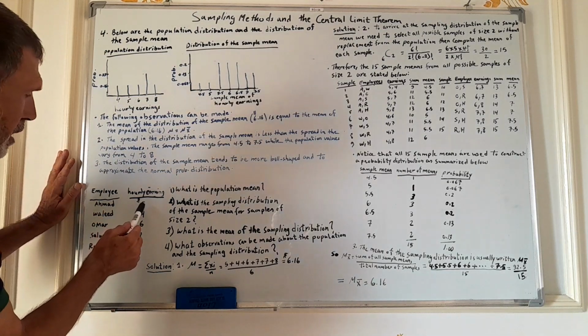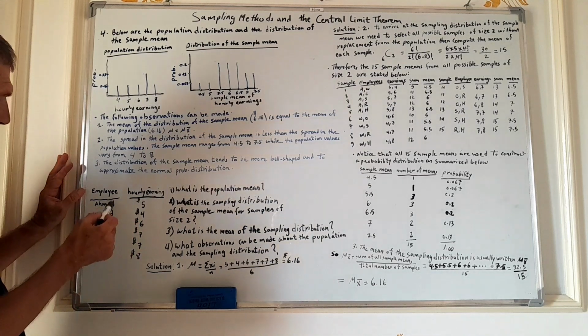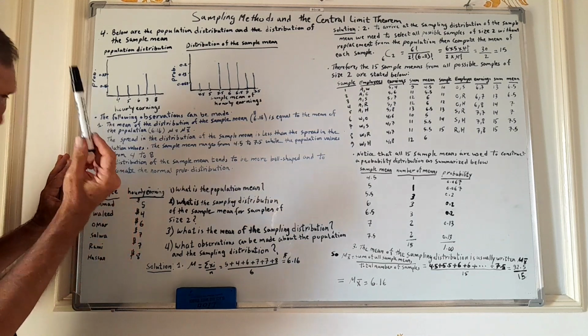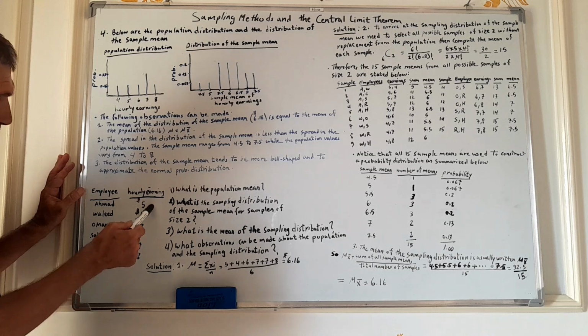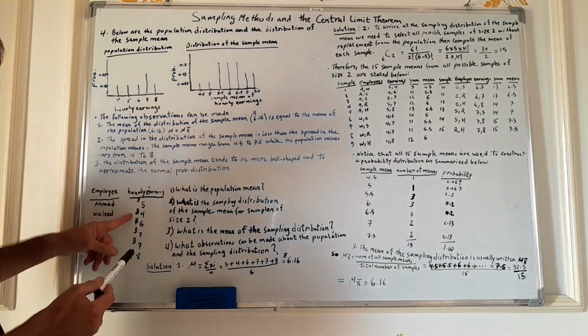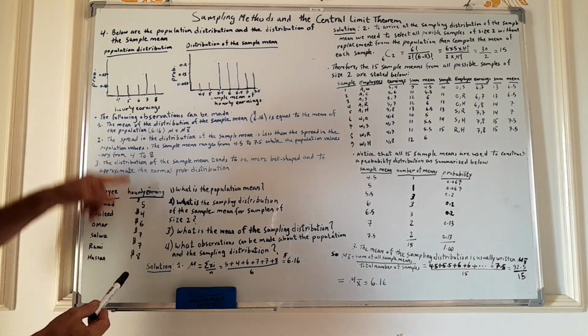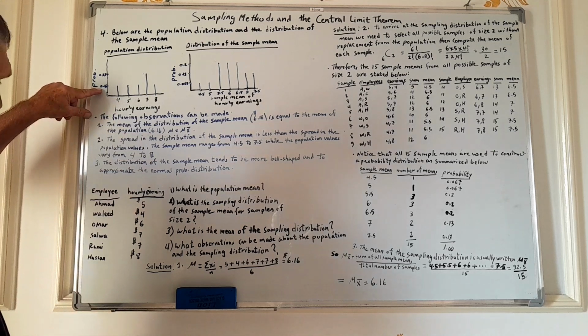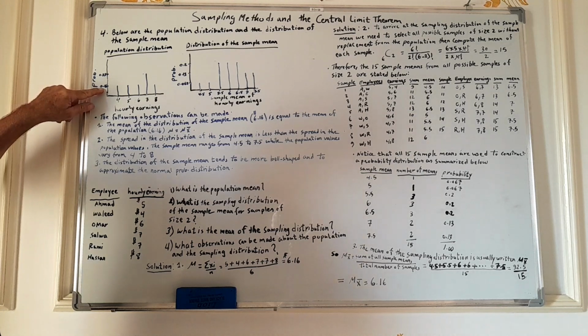How many persons or employees earn $5? Only one. 1 out of 6. We have 6 individuals, so 1 out of 6, we come up with 0.16.